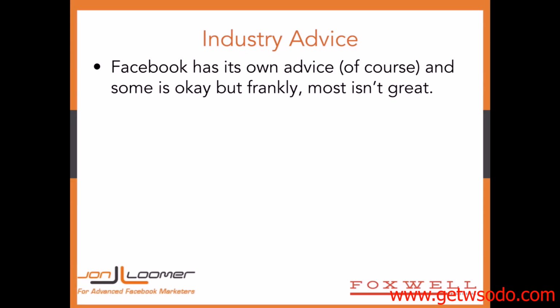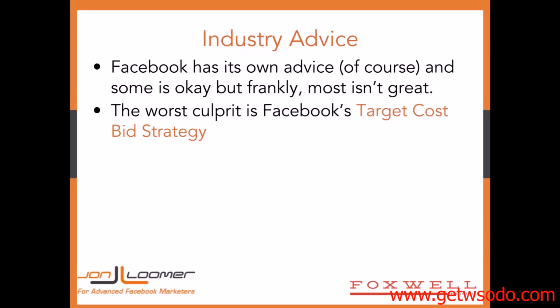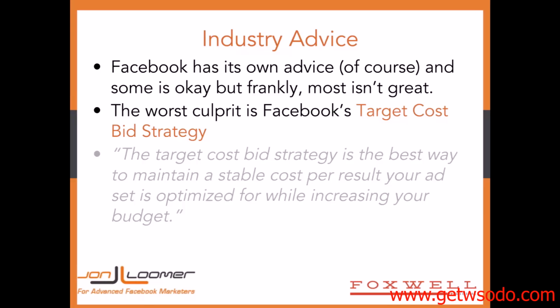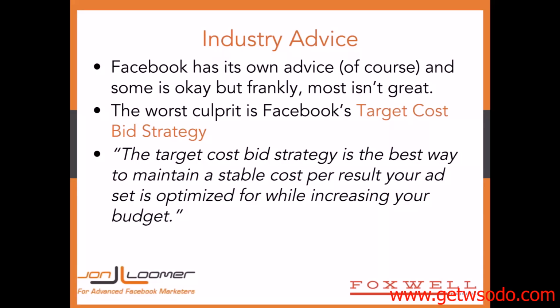Facebook, of course, also has its own advice, and some of it's okay. I link in the documents that you'll get once you watch this recording the Facebook advice on it. One of the things they talk about is target cost bidding, and this is one that we had a little debate about in the Power Hitters Club.